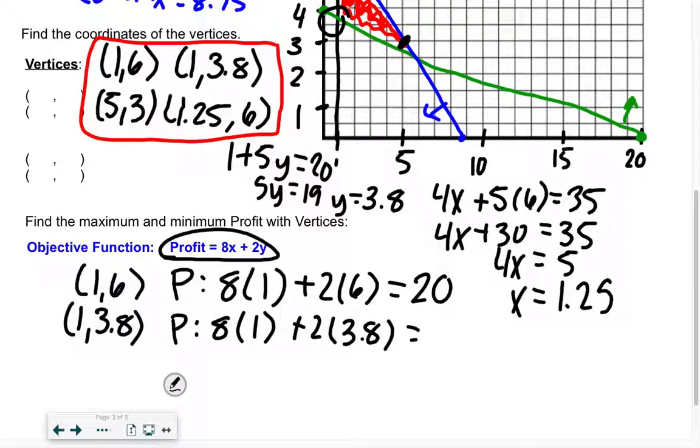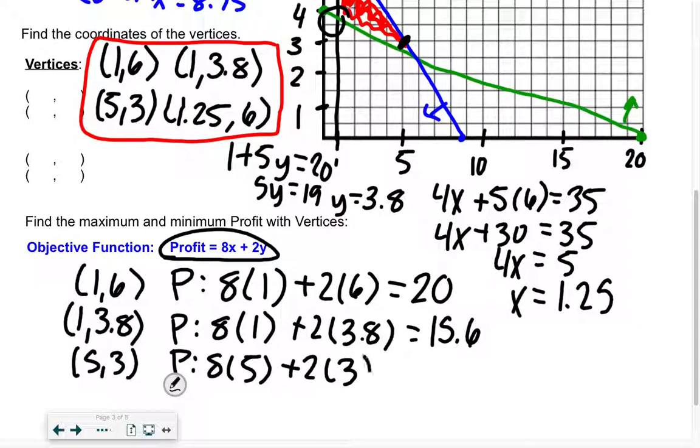And we get out 15.6. Then we'll stick 5, 3 in. 8 times 5 plus 2 times 3.